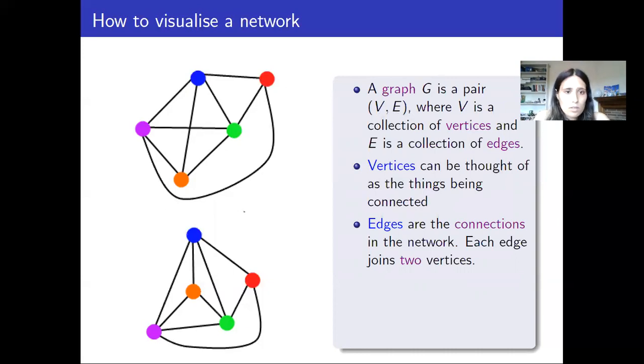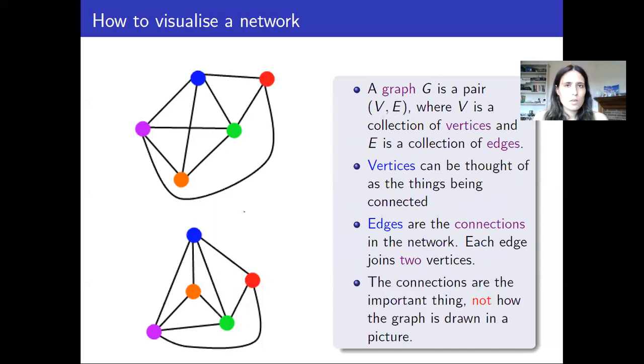Now, for what we're thinking about today, what's important is which vertices are connected. It doesn't matter how you would draw this network on a page. As an example, the 2 graphs on the left-hand side of this slide are actually exactly the same graph. You can see this because I've colored these vertices. The red vertex here is joined to the blue, the green, and the pink, and the red here is joined to the blue, the green, and the pink.